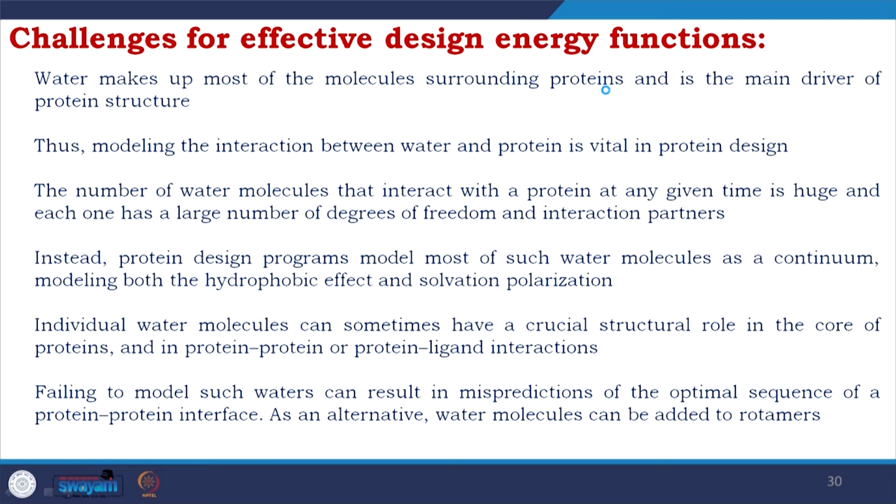So, if you understand the problem, there is a protein, it has a lot of water molecules inside and outside the protein. If you want to consider all of these water molecules individually, your calculation would be hugely enhanced. So, what you do, you take it as a continuum effect, but there are some water molecules which have a catalytic role or binding role.